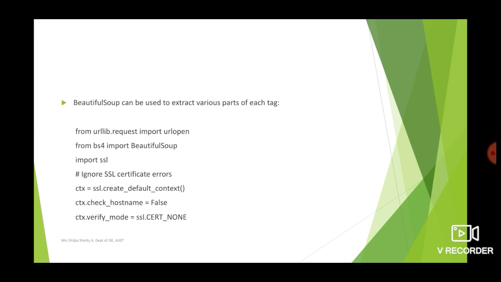So Beautiful Soup can be used to extract various parts of each tag. This portion is similar to the previous program. We need to import the Beautiful Soup library here. Then the next part is to ignore any SSL certificate errors.